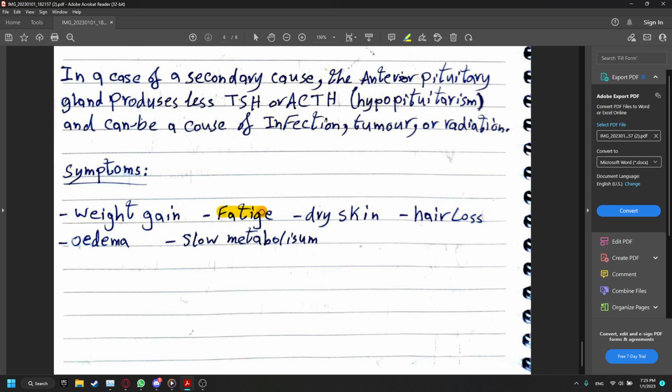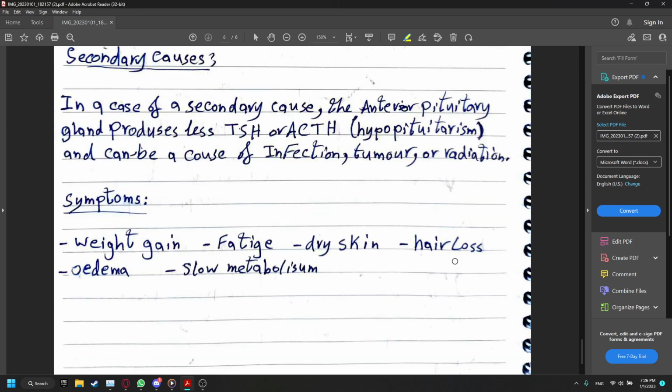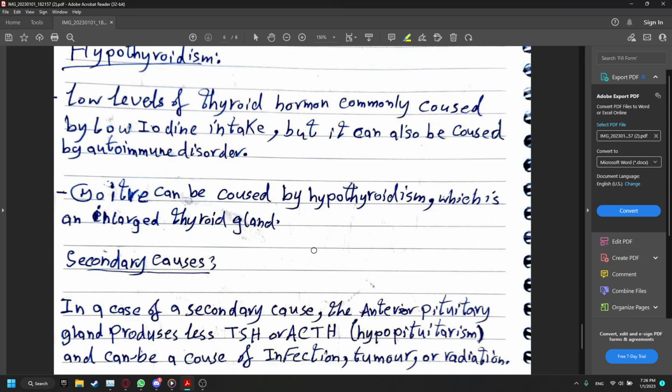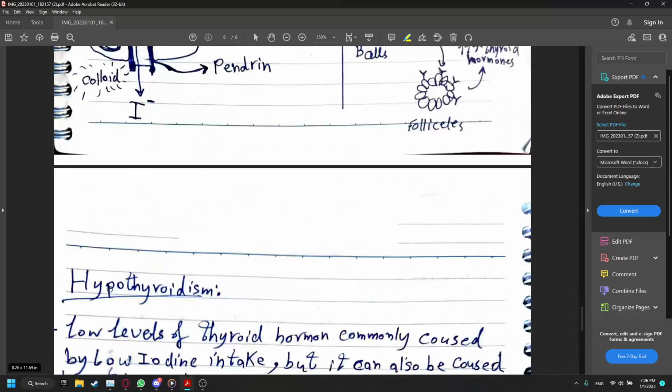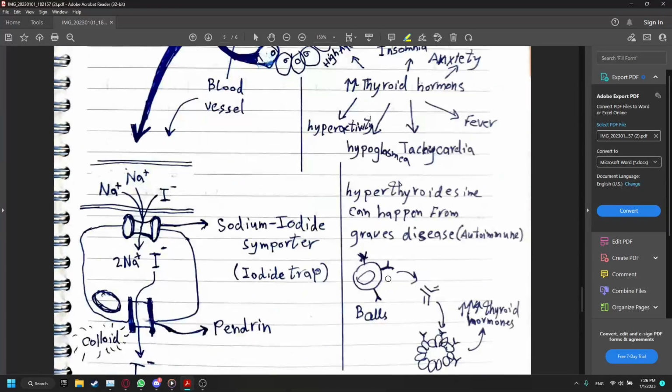Obviously, fatigue, because your body can't use this glucose. Dry skin, hair loss, edema, and slow metabolism. This is mainly hypothyroidism.